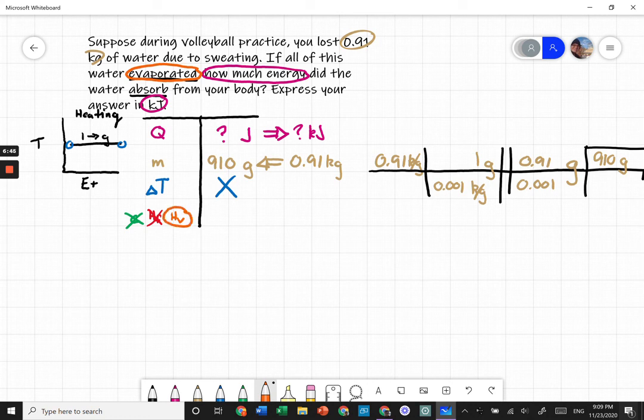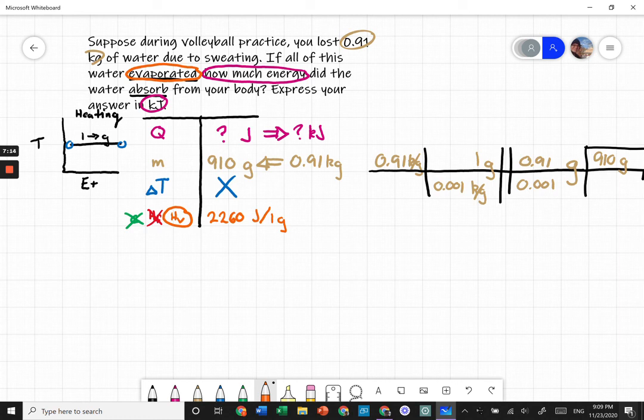The HV for this is sweat, which is made out of water. We can use the heat of vaporization for water available at the top of this worksheet, which is 2,260 joules of energy per gram. I like to always rewrite it as per 1 gram. So it takes that much energy to vaporize, go from a liquid to gas, or to condense, go from a gas to a liquid, 1 gram of that substance.